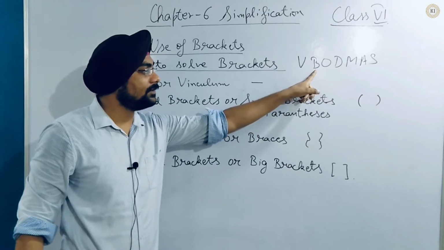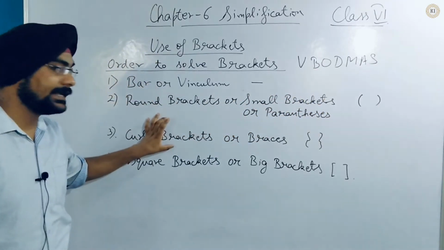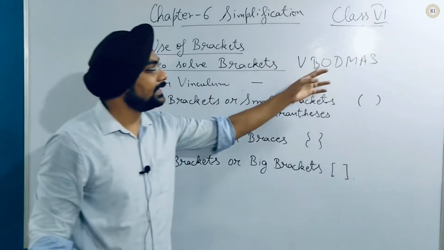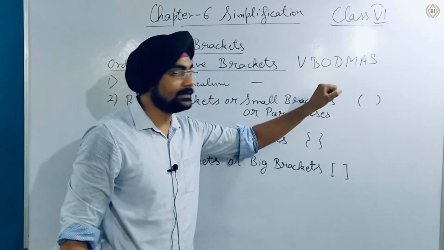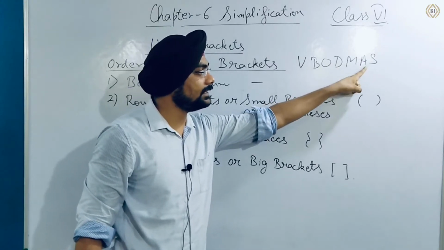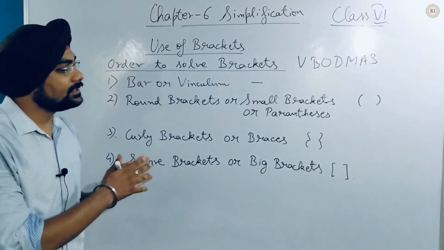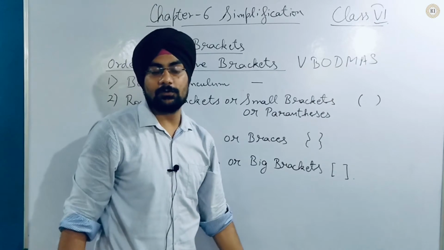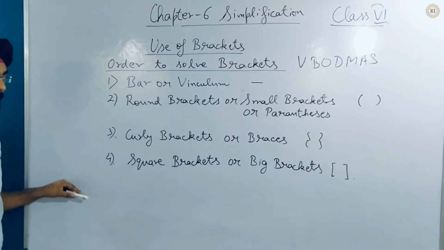B stands for brackets; brackets can be round, curly or square. O stands for Of, and Of means multiply. D stands for division, M stands for multiplication, A stands for addition and S stands for subtraction. So in this order, applying the rule of VBODMAS, we are going to solve the numerical problems in the order of these brackets.